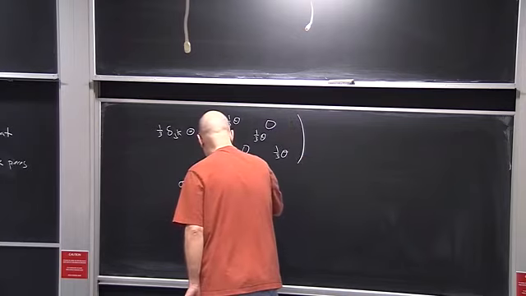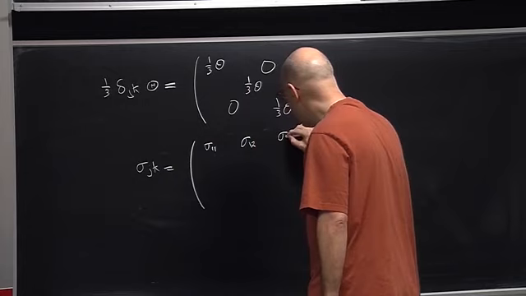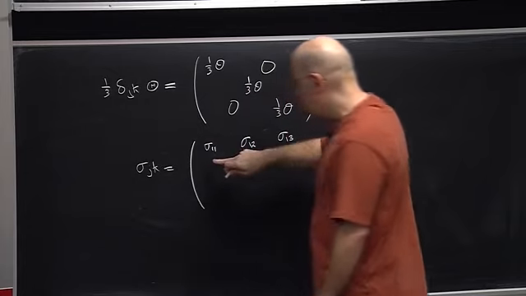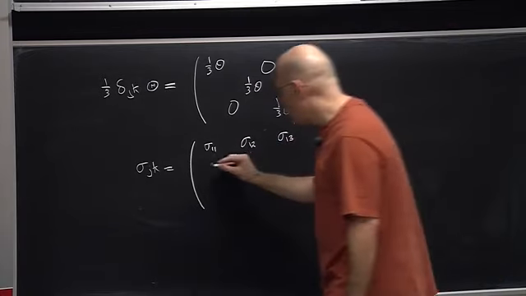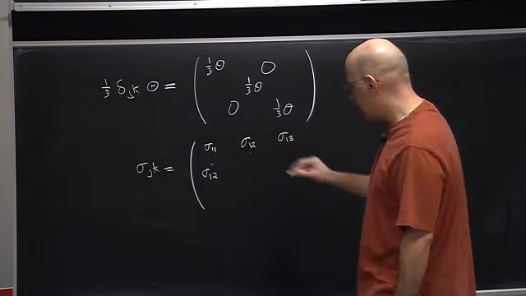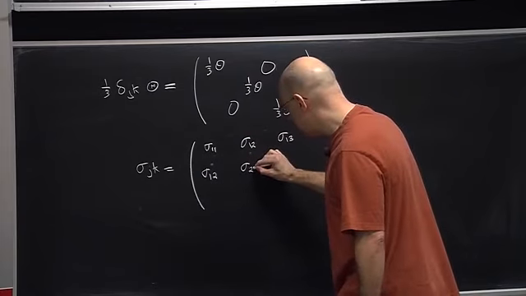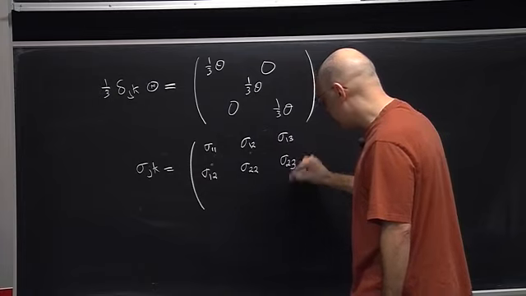So we're going to have a sigma 1,1 up here, sigma 1,2 up here, sigma 1,3 up here, but this one, of course, has to be equal to this one, right? So sigma 2,1 has to be equal to sigma 1,2. Here, sigma 2,2 is not constrained, and sigma 2,3 also is not constrained.